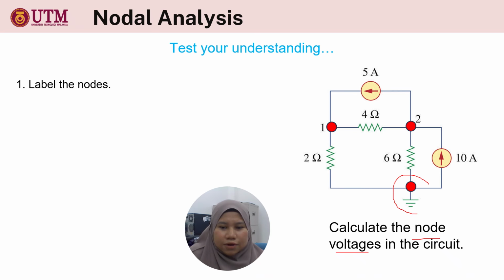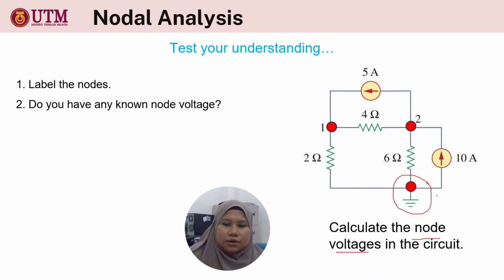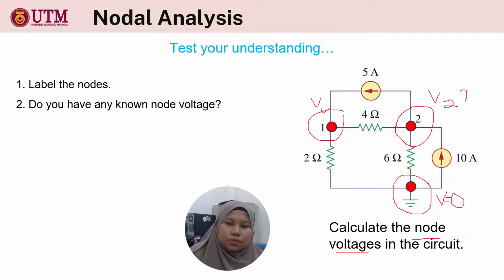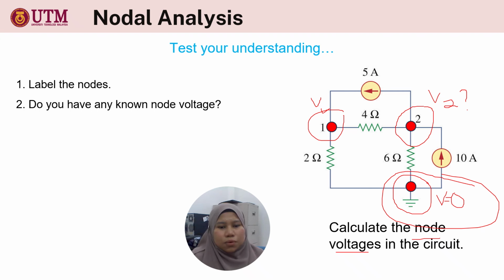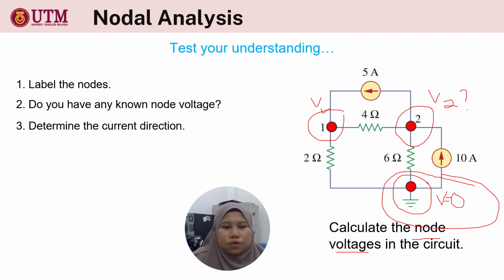This is the reference node, which is V equal to 0. So actually they want to ask you what the node voltages are here and here. What are V1 and V2? The second one: do you have any known voltages? Yes, you have this only. V0 equal to 0 voltage.